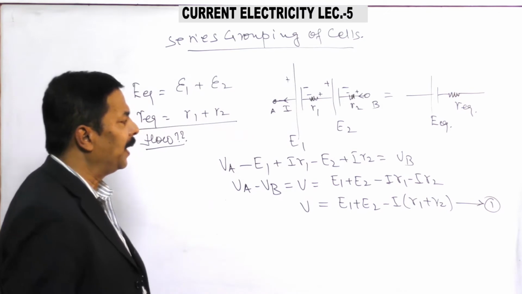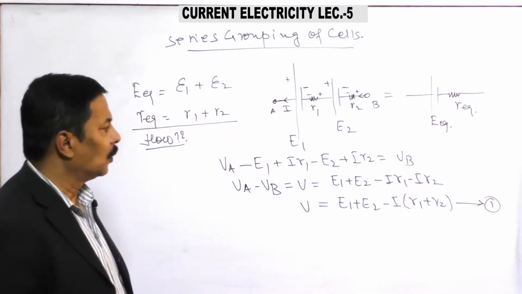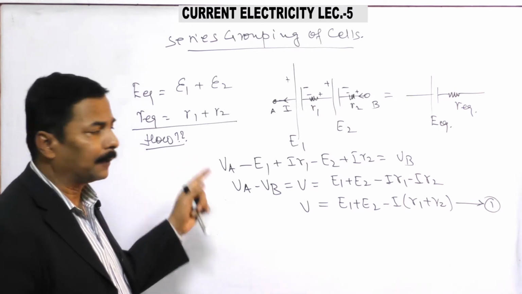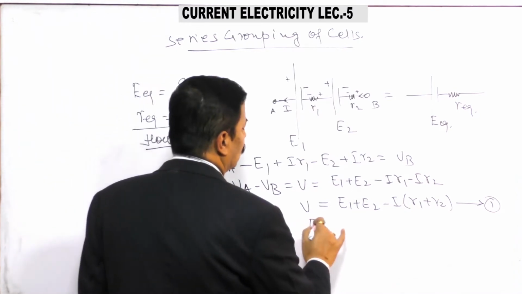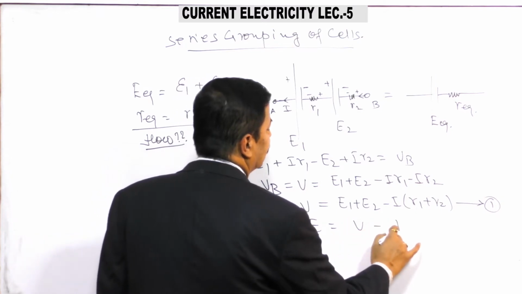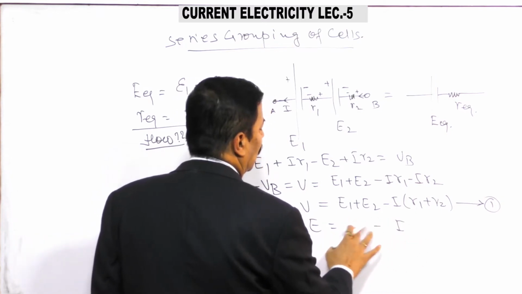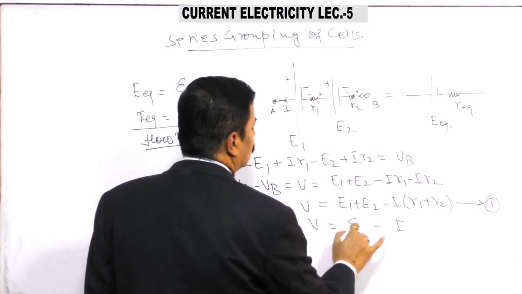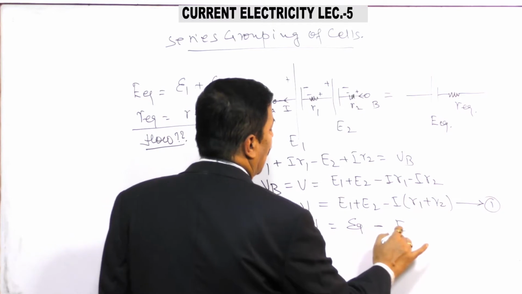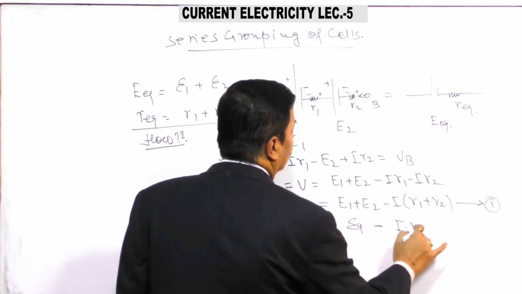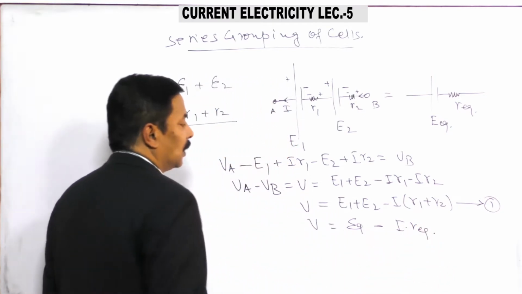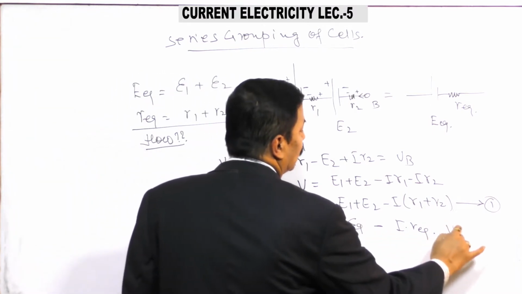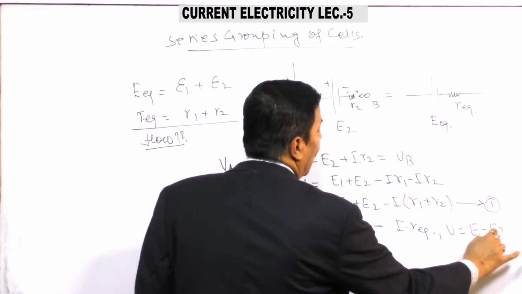Now compare our relation with the formula that I discussed in the beginning: V is equal to E equivalent minus I R equivalent. What I discussed was V is equal to E minus IR.